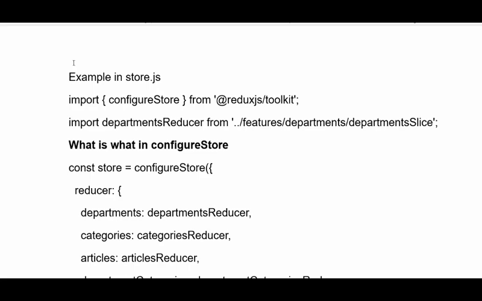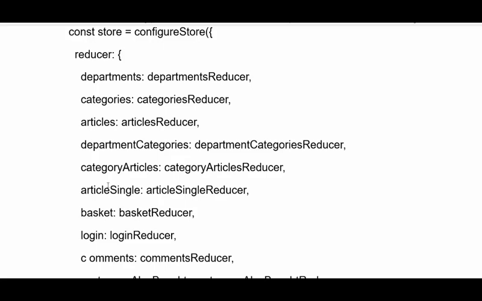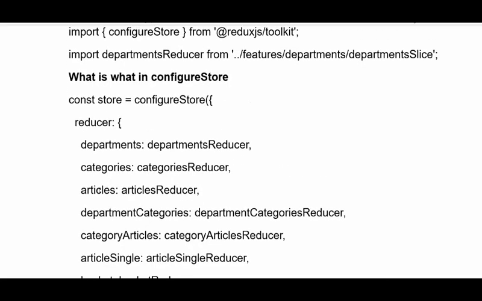We don't need curly brackets. And departmentsSlice has an export default, and doesn't need curly brackets, and we can call it whatever we want.